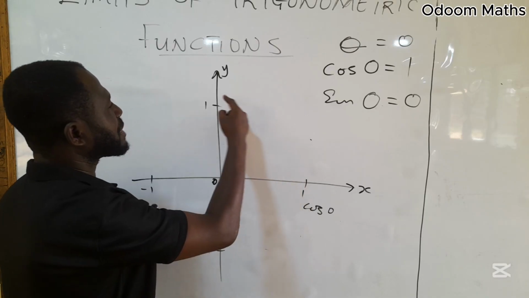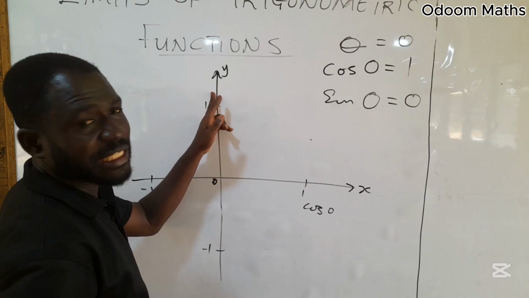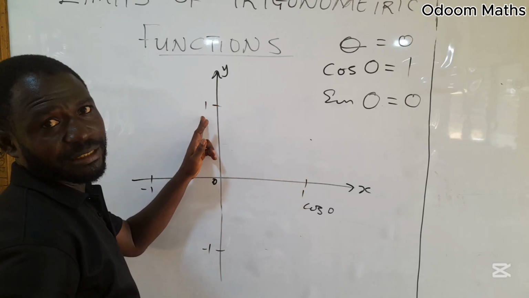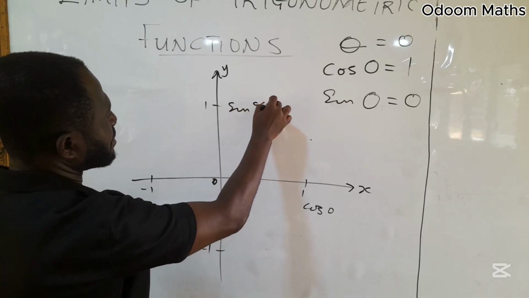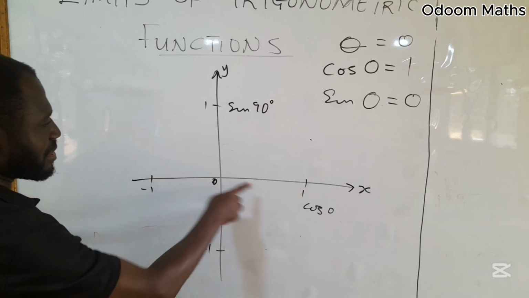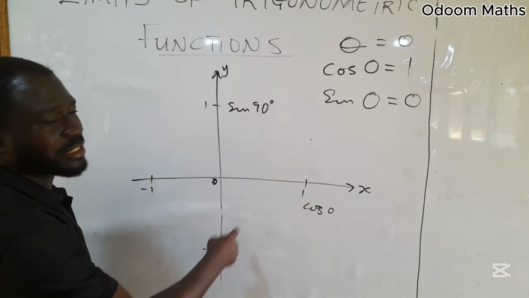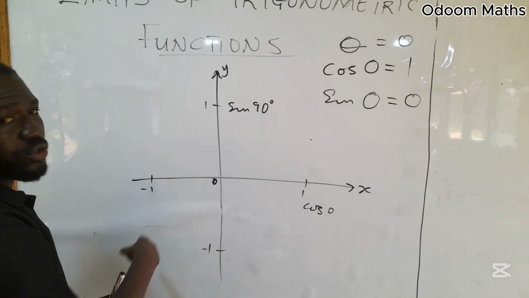Now when we move to this side, I'm still using cos. Cos 90 degrees is 0, but sine 90 is 1. So this place is also sine 90 degrees. Then when you move to this side, moving in the anti-clockwise direction, cos 180 is negative 1, and sine 180 is 0.